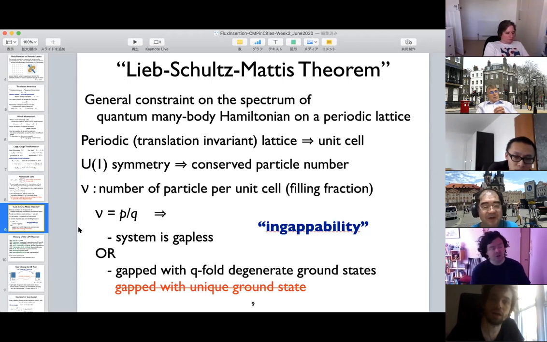So my statement is that if the Hamiltonian has the symmetry, then this CDW or Néel state is part of this Q-fold degenerate ground state.